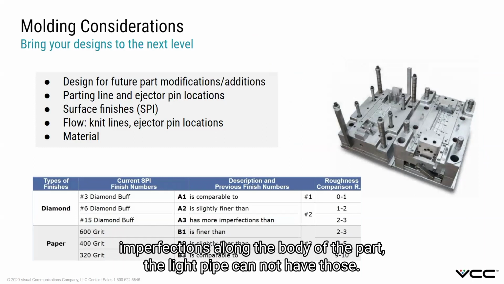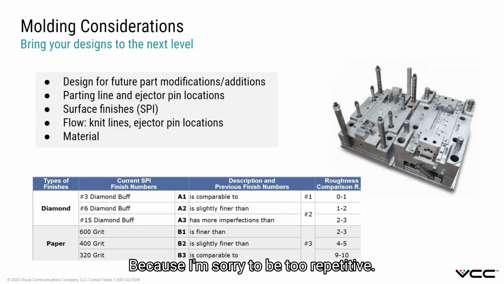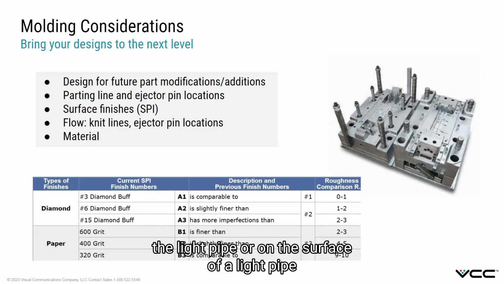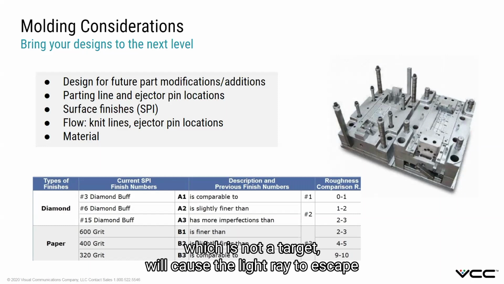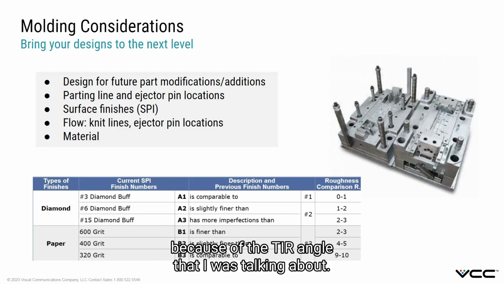The light pipe cannot have those, because, sorry to be repetitive, any imperfection inside the light pipe or on its surface, which is not the target, will cause the light to escape because of the TIR that I was telling you about.